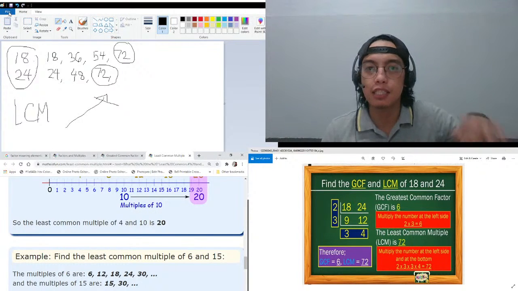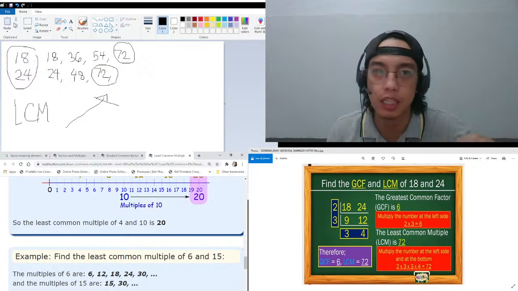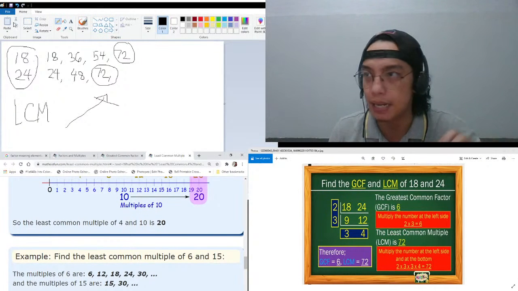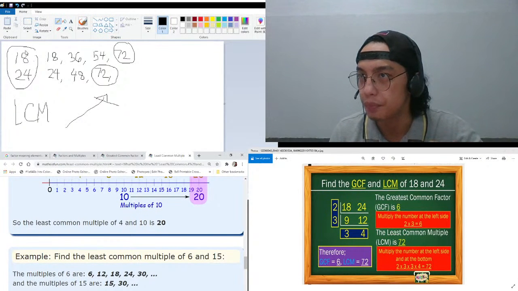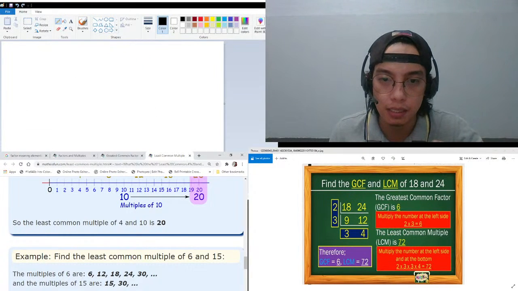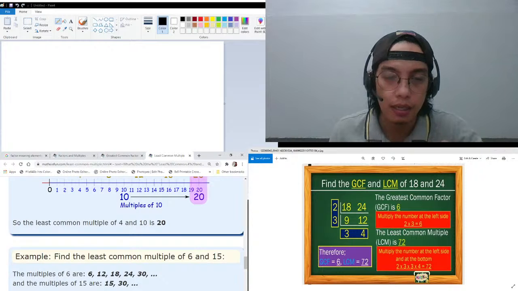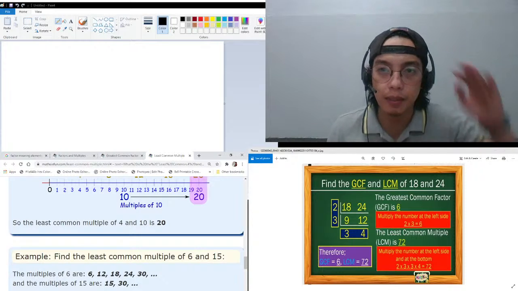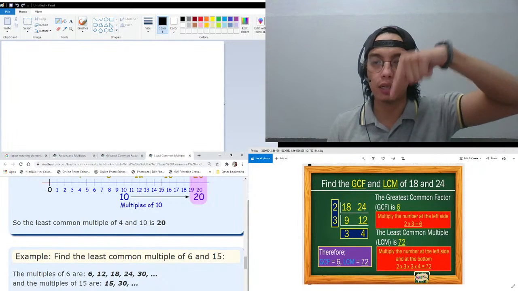So let's try this technique that you can see in the module here, the blackboard drawing.